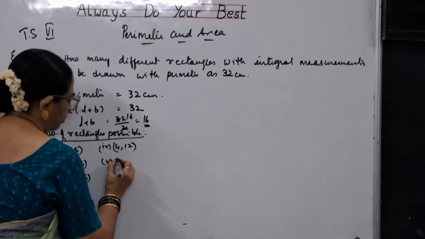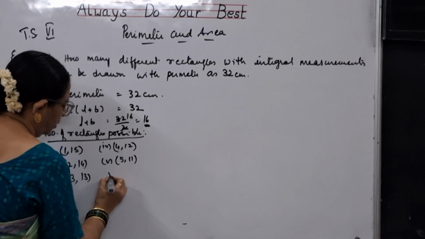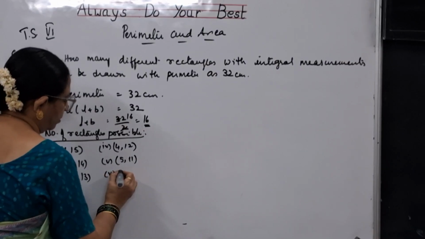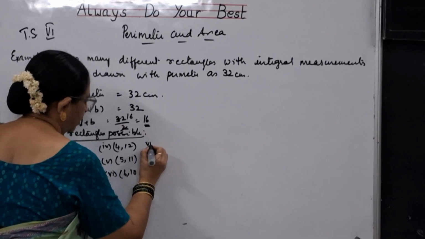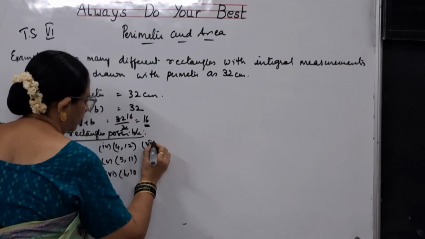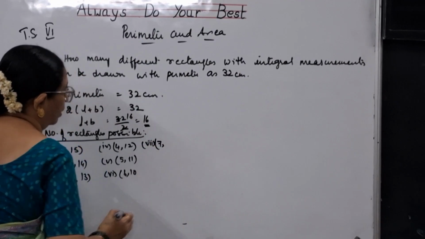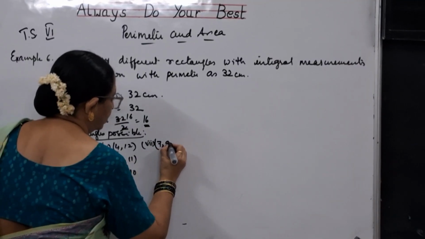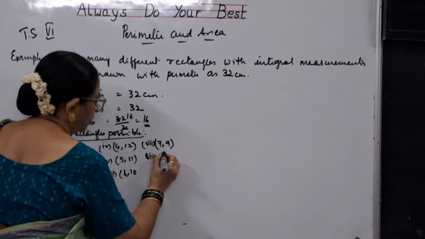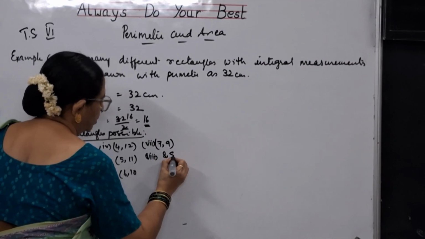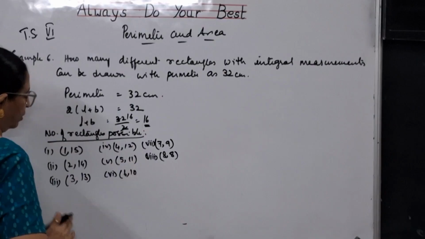If I take 5, 5 comma 11. If I take 6, 6 comma 10. If I take 7, 7 comma 9. If I take 8, I will be getting 8 comma 8. If again 9 means already we have got.